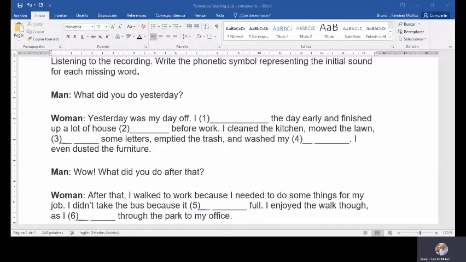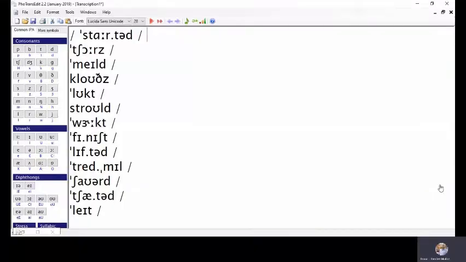Right? So the phonetic symbols representing those sounds should be the following: s, ch, m, k, l, s, w, f, l, t, sh, ch, l.